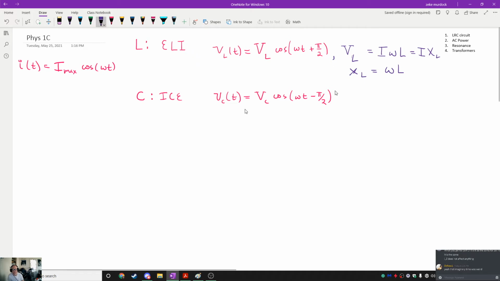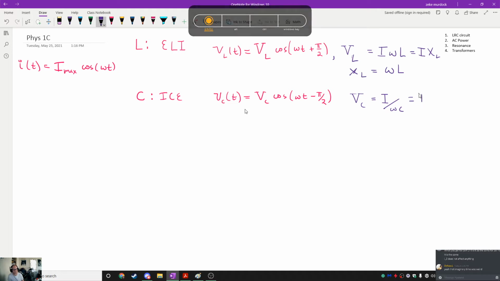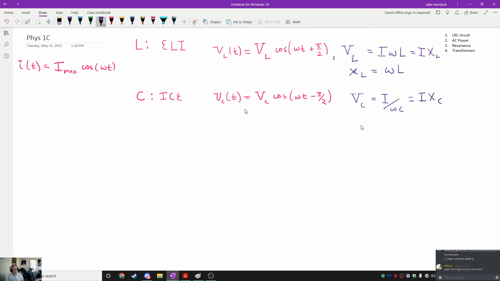We also learned what Vc was. The maximum voltage across our capacitor can always be given by the current flowing through the circuit divided by omega C. The other way we write this is I times Xc, where Xc is what we call capacitive reactance, and it is equal to 1 over omega times C. XL and Xc both have units of ohms.